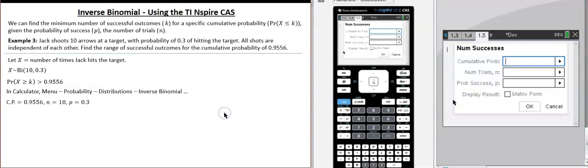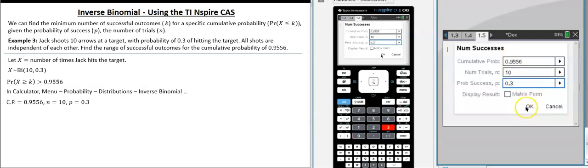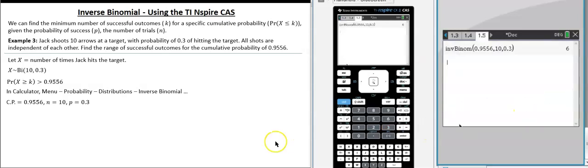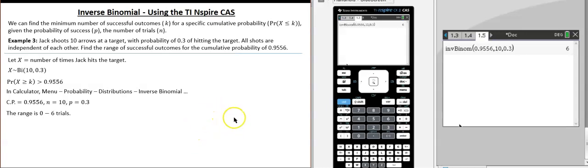My cumulative probability is given to me in the question, 0.9556. My number of trials is 10, that's how many times he shoots an arrow at the target, and the probability of success is 0.3. That returns a value of 6, so the range is from 0 to 6 trials.